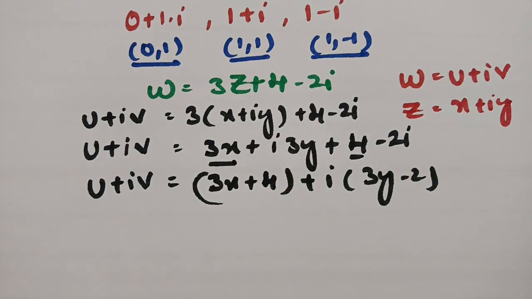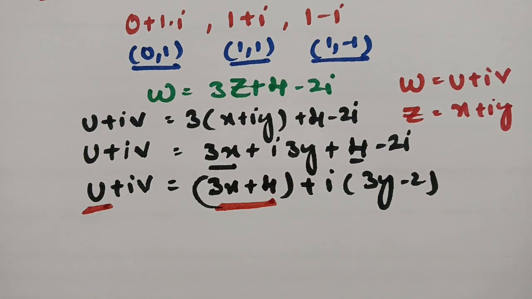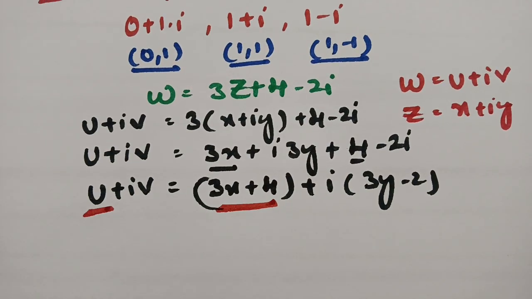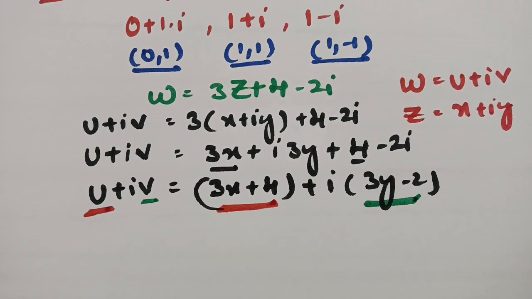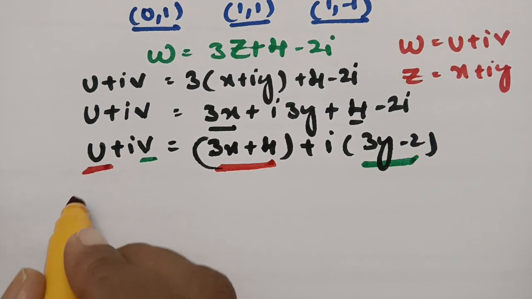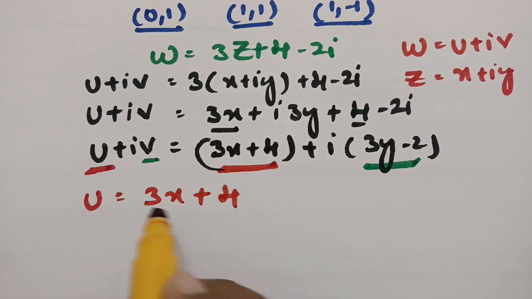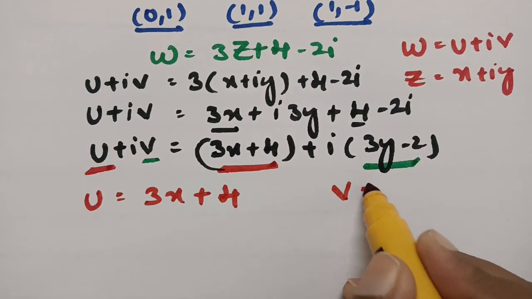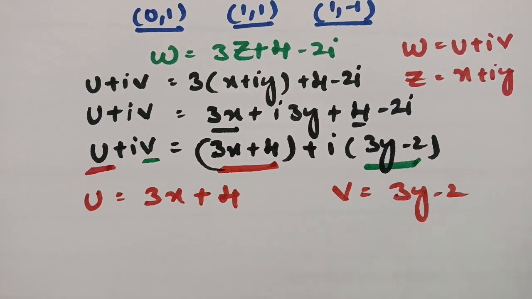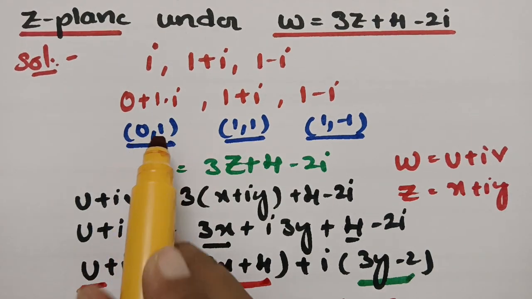If I equate the real terms, u is equal to 3x plus 4, and if I equate the imaginary values, v is equal to 3y minus 2. Separating the real and imaginary values, u equals 3x plus 4 and v equals 3y minus 2.